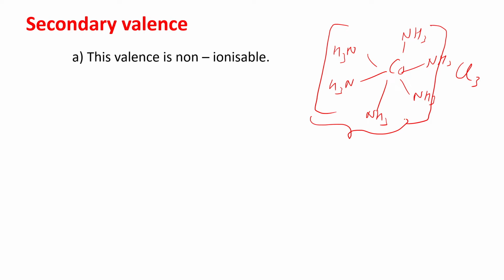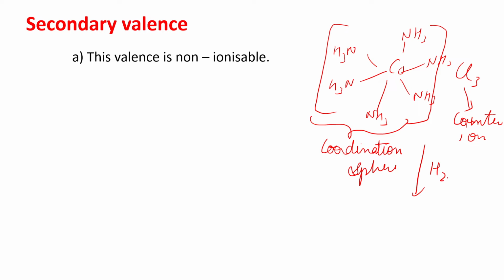This is the coordination sphere, this is the central metal ion, and this is the counter ion. So why am I saying it is non-ionizable? I add H2O, what will I get? I'll get this coordination sphere with 3 positive charge plus 3 Cl minus ions.